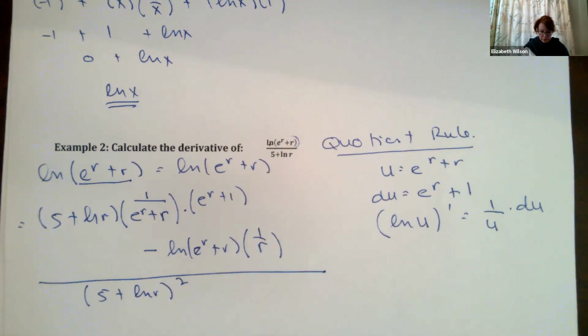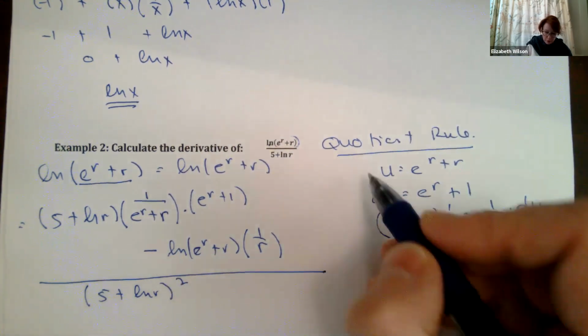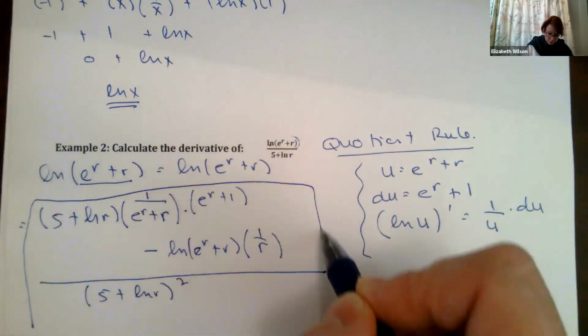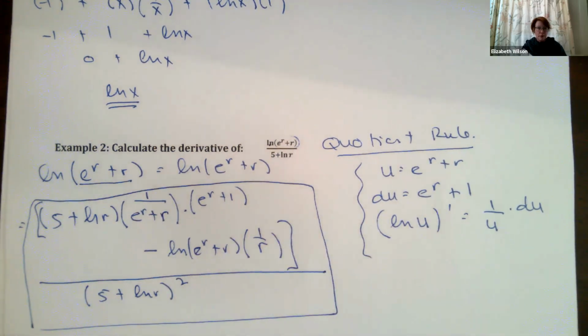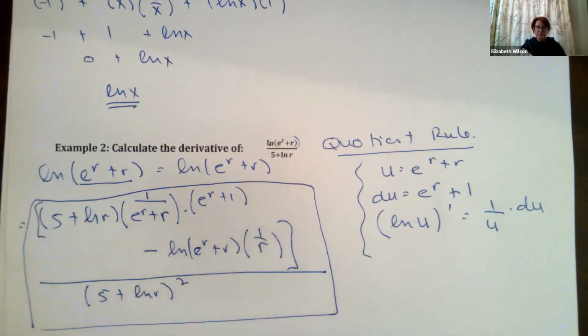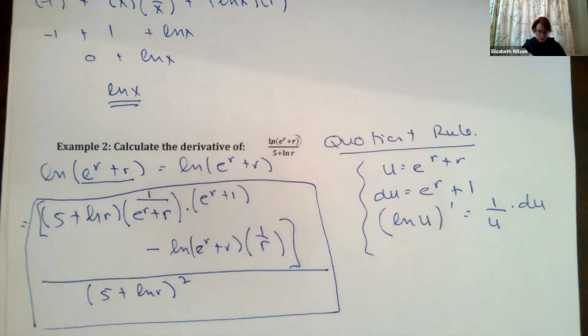And I'm basically done. I should have probably drawn it out on one whole line, but I used this spot like scrap paper. I'll put a bracket around this so you can see that's all in the numerator. Okay, that's it. If you want to put things together and make it look nice, bring the 1 over r out front, fine. Otherwise, you're basically done right there.